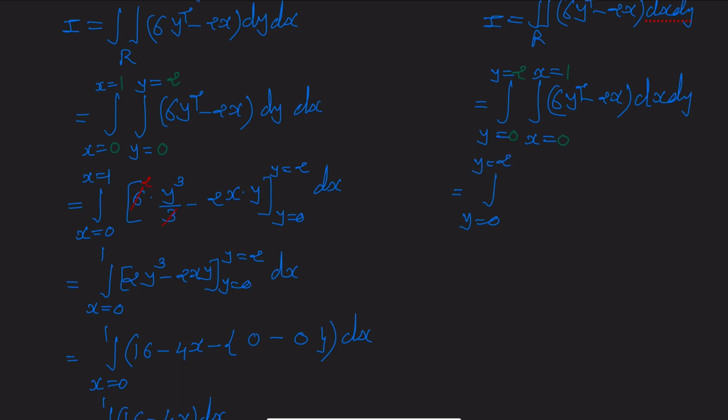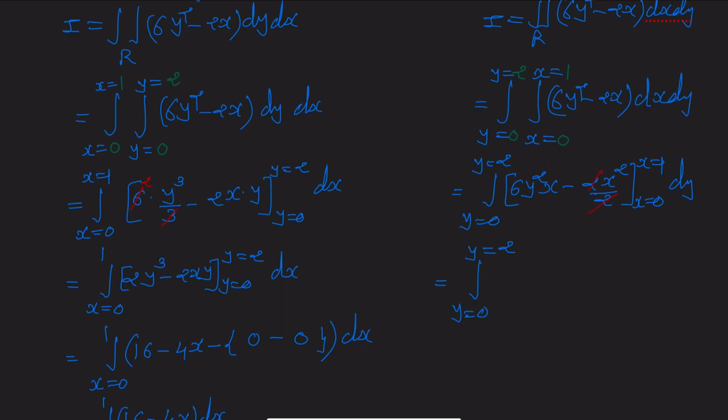Can you tell me? 6y square as it is, integration is x, minus 2x square by 2, which is the integration of 2x, x is from 0 to 1, dy. Substitute the values of x, y is equal to 0 to y is equal to 2.